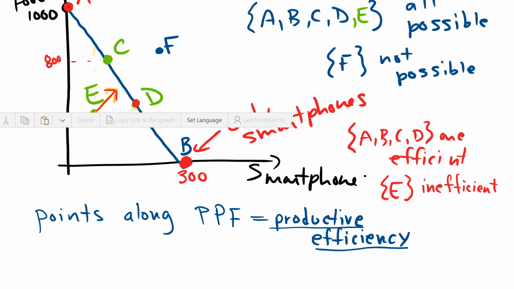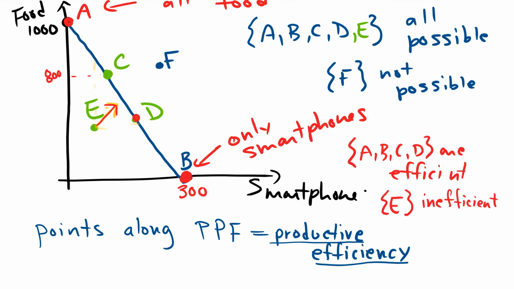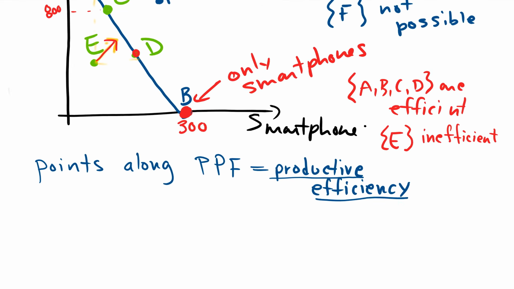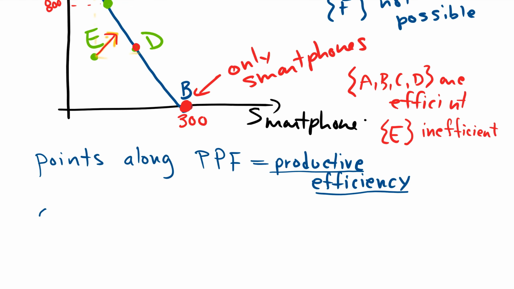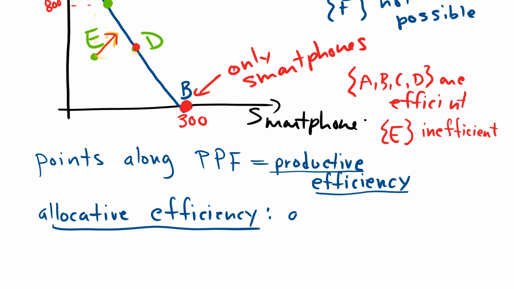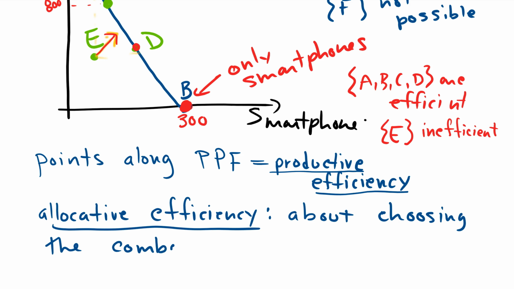So anyways, now how does the other type of efficiency we have, allocative efficiency, fit into this diagram? In this diagram, allocative efficiency would be about which point to choose. So this is about choosing the combination of goods that will make us as a society as well off as possible.